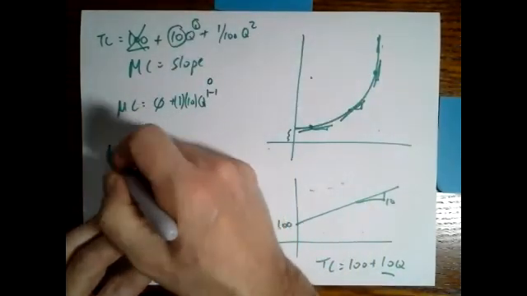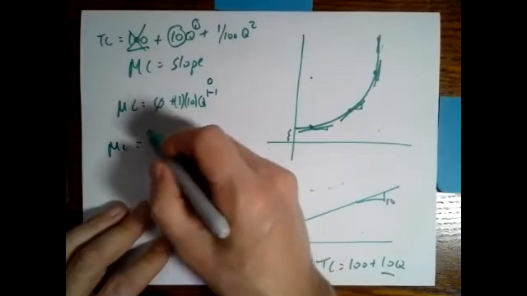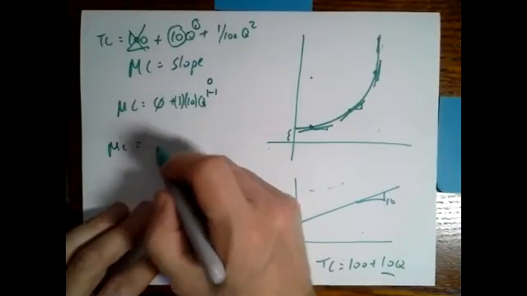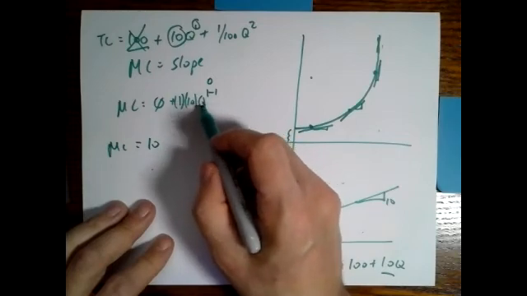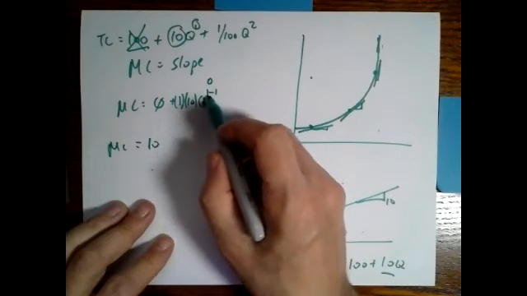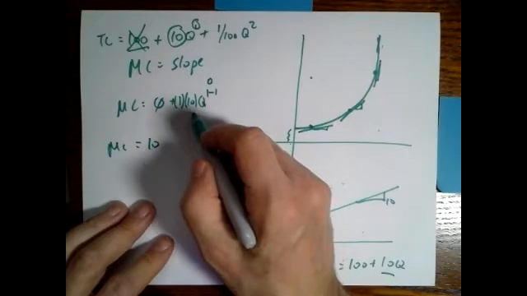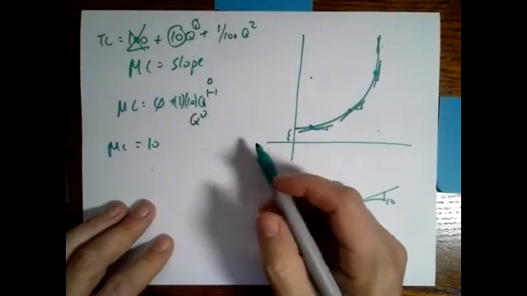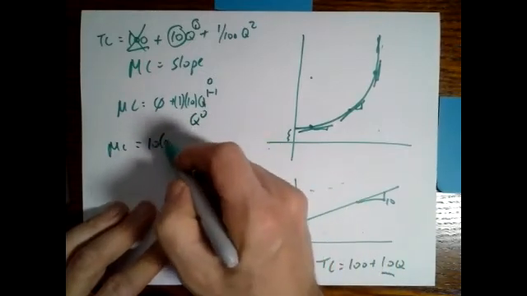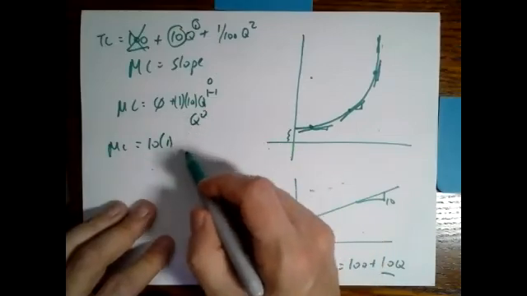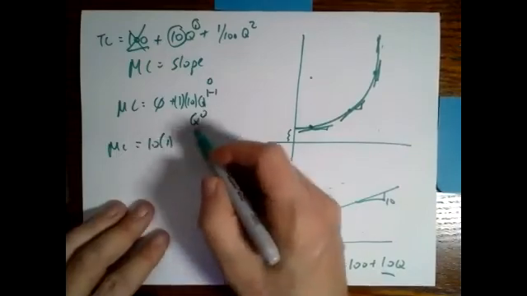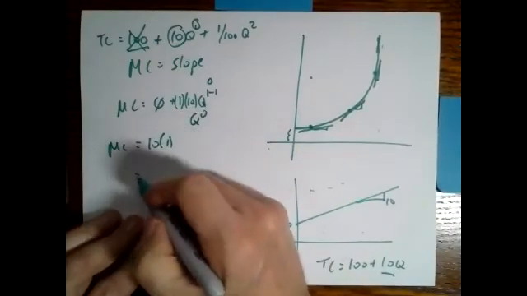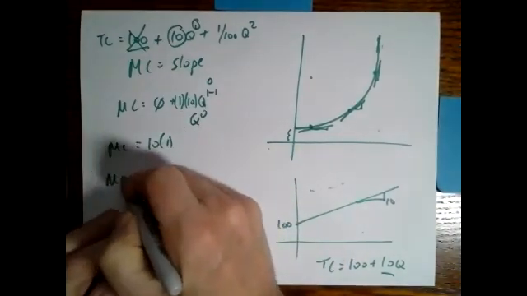So let me write a fresh line down here. 1 times 10 is 10. And then I have Q to the 1 minus 1, which is Q to the 0. Well, what is Q to the 0? Q to the 0 is 1. So I don't have to write a Q down here. So really I've got just 10.